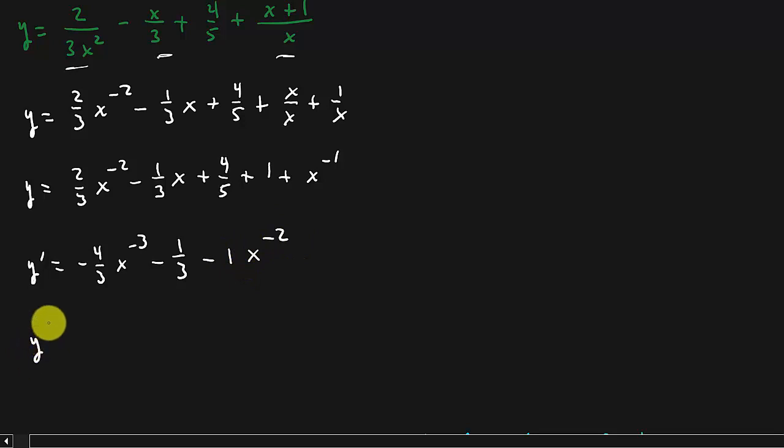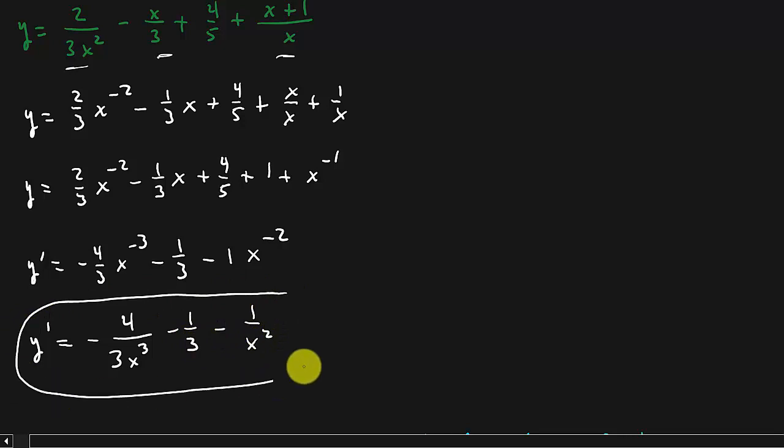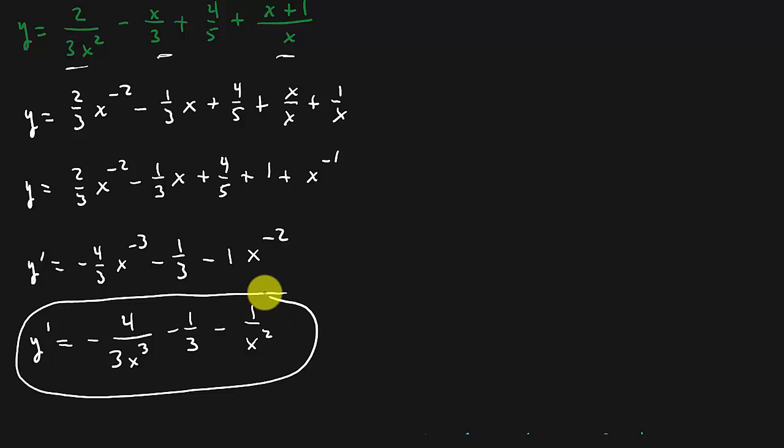And so that's going to give us y prime is negative 4 over 3x cubed minus 1/3 minus 1 over x squared. And there's your answer. All right. So it's not too bad. Just use your head when you're doing this.